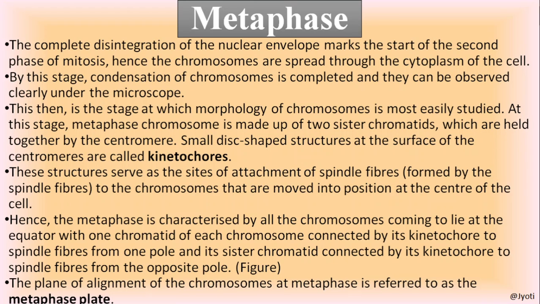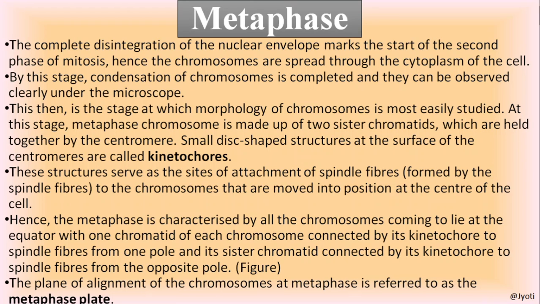The spindle fibers are attached to the kinetochores, and since the nuclear membrane has disappeared, the chromosomes initially move freely in the cytoplasm. But as soon as the spindle fiber connects to the kinetochore, they hold the chromosome at the equator and align the chromosomes at the equatorial plane, that is called metaphasic plate.